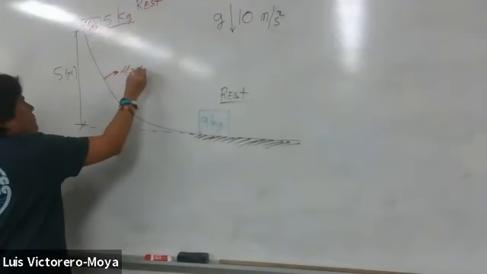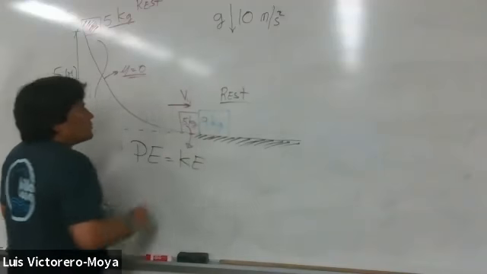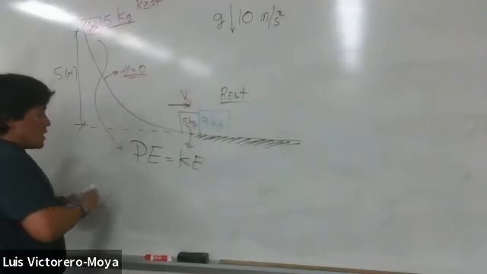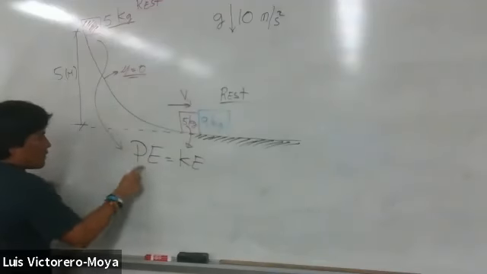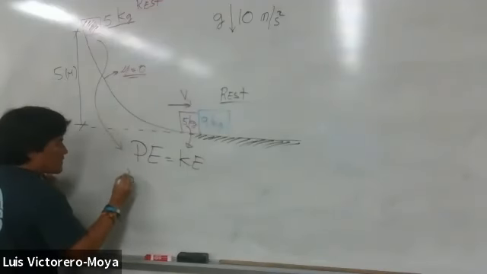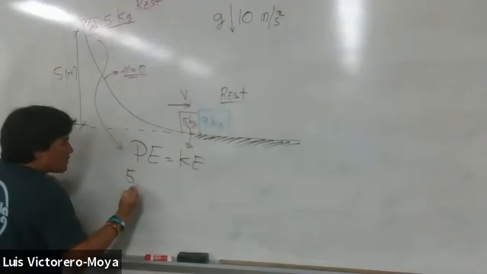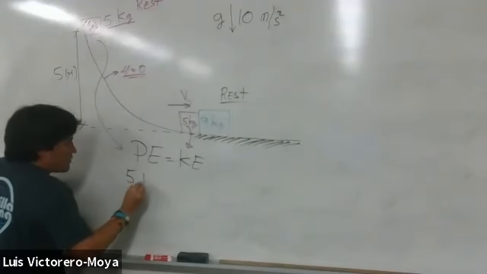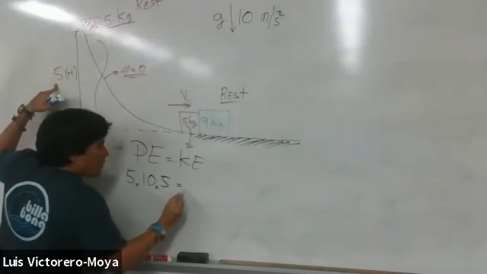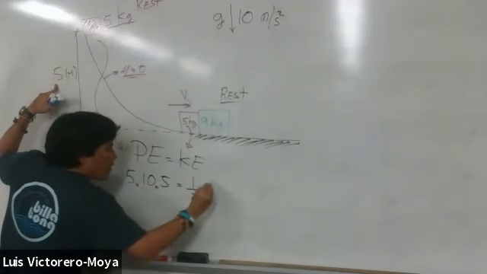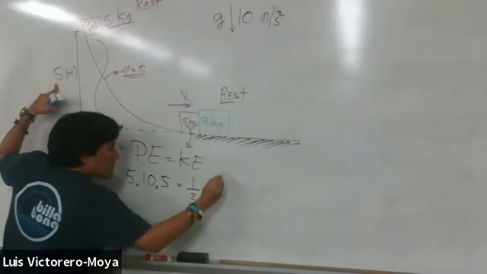Let's put here V1 initial. And this will be V2, right? Mass 5 kilograms times gravity, I'm using 10, times height is equal to 1/2 mass times V1 initial squared.